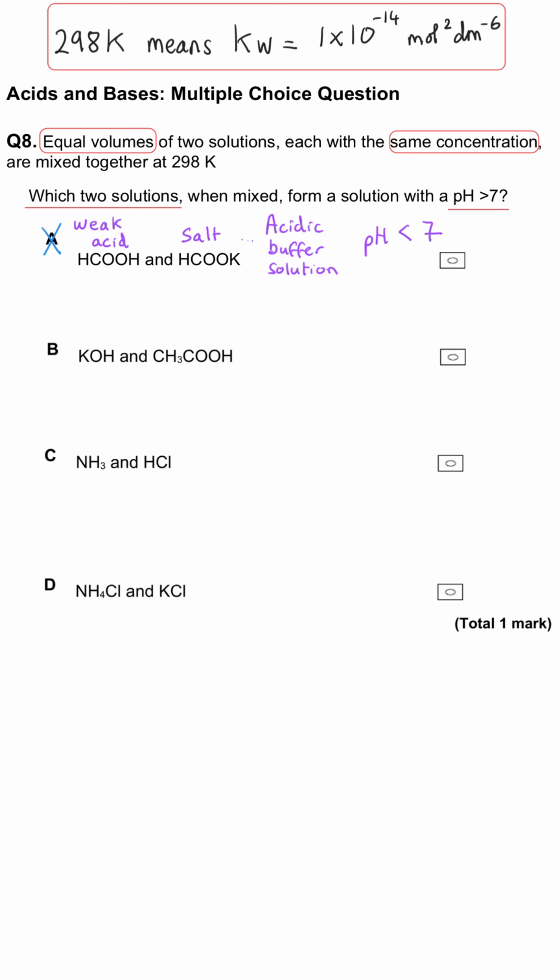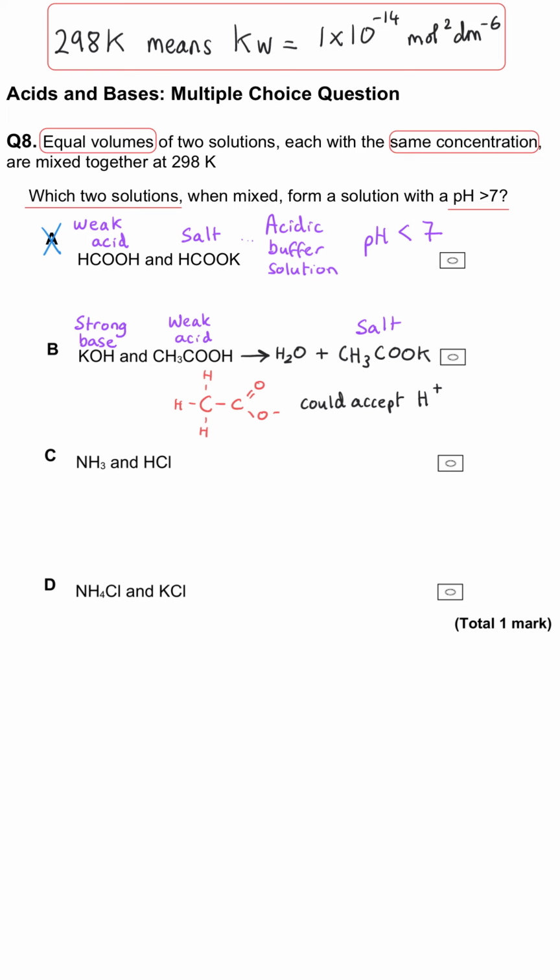In B, we've got potassium hydroxide, a strong base, and ethanoic acid, a weak acid. And so those will obviously neutralise each other, but what they will produce is water, of course, and potassium ethanoate. Potassium ethanoate, whilst it is a salt, doesn't quite have a pH of 7 because the ethanoate ion can accept a proton in the presence of water, and so therefore it will be a weak base.